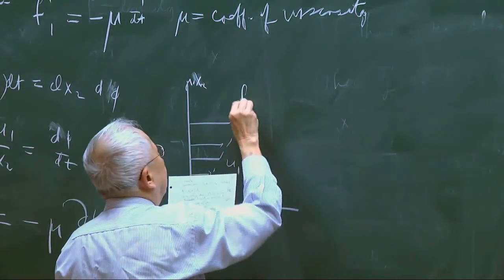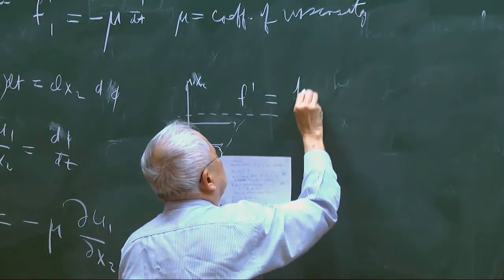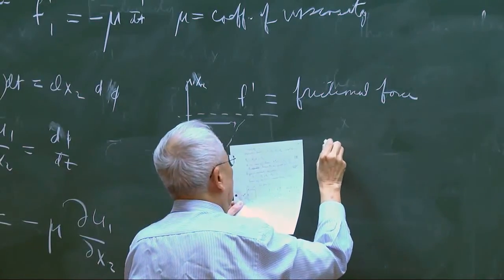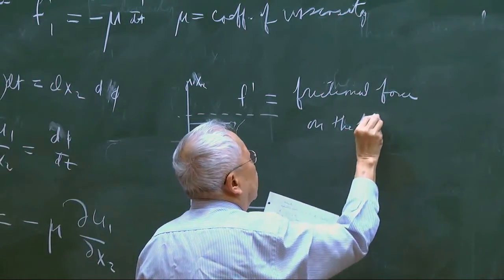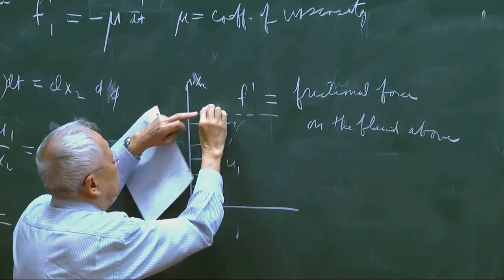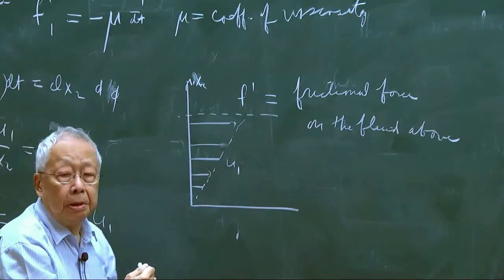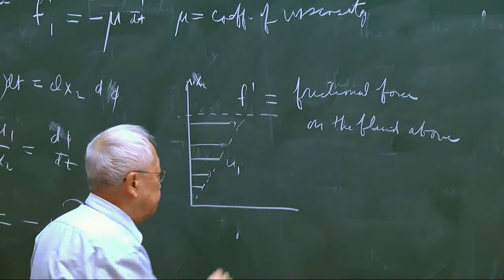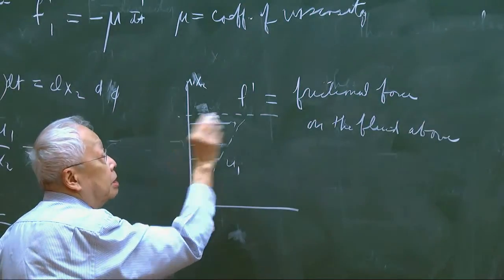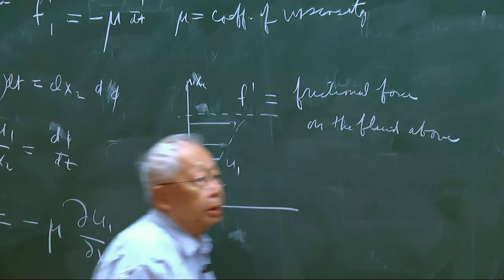And F1 prime, if I draw a line here, is actually the frictional force on the fluid element above. If it's flowing this way, the fluid element is prevented from flowing with it by the frictional force in the opposite direction. That's why there is a minus sign. The presence of F prime means that the fluid above has a friction and it's not free to move. And so these two definitions are equivalent, and we'll now use this to work it into the pressure tensor.